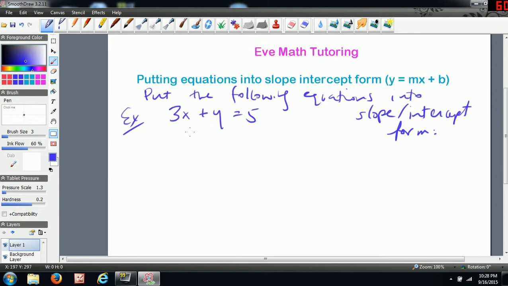Also, you can see what the slope of your equation is, and you can see where it intersects the y-axis. So the intercept is the y-intercept that you're going to see.